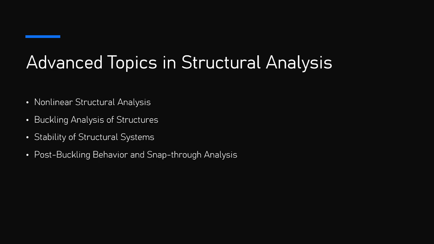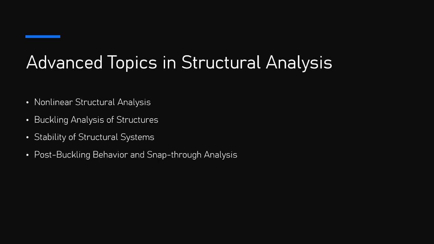Nonlinear behavior typically dominates in snap-through instability, and it is essential to account for such effects in advanced structural analysis for sensitive structures such as shells and membranes. 10.3. Stability analysis methods. Several methods can be used to analyze the stability of structural systems, including linear and nonlinear methods, depending on the complexity of the structure and the type of instability being analyzed.